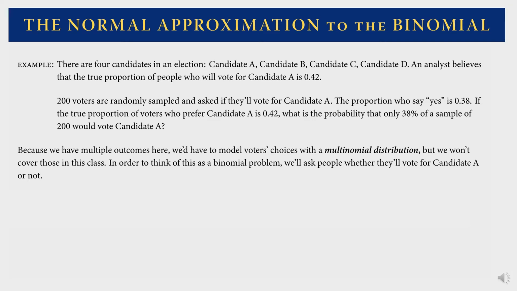If the true probability that someone votes for candidate A is 0.42, what is the probability that the proportion of a sample of 200 that supports candidate A would only be 0.38? Hopefully soon you'll understand why I'm phrasing the question this way.